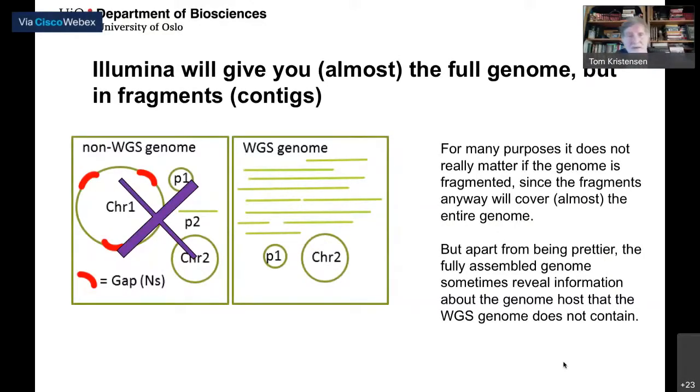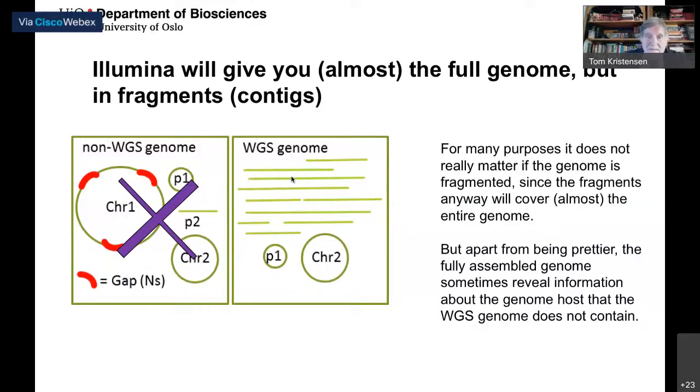So Illumina will give you, for bacterial genomes and even for the human genome, more or less the full genome, but it will be present in fragments, in contigs, where each of these green contigs here has been obtained by joining together thousands or millions of reads from the sequencing instrument by looking for overlaps at the end of each sequence.